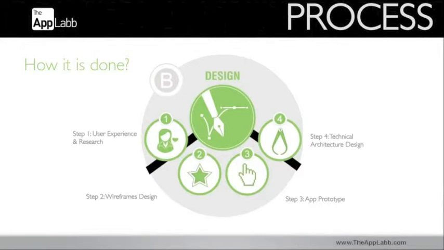So how is it done? I'll give you a little bit of overview, and we hope that Kundan would have a few expert comments on how it's done and what it takes to do the design and the strategy of the app. Step one will be the user experience research, as I said. So you need to know your users.